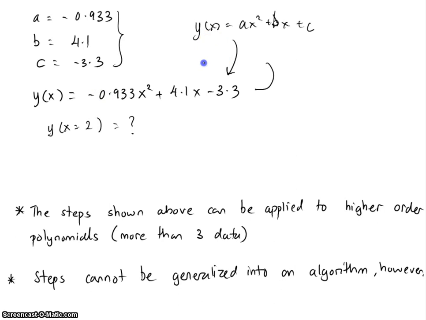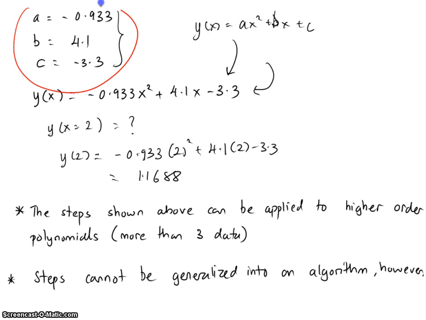You can use this quadratic fit to find it. If you calculate this, you'll find that it equals 1.1688. So this is the idea of interpolation. Whatever we do to find the coefficients a, b, and c is basically fitting the curve through the data points that we have. Once we have the curve, we use the curve to estimate the value at the point that we are interested in.